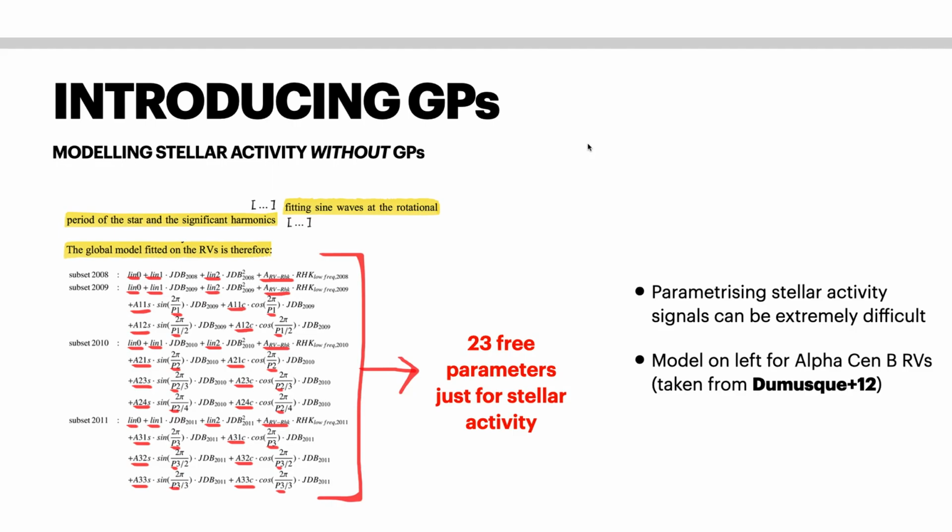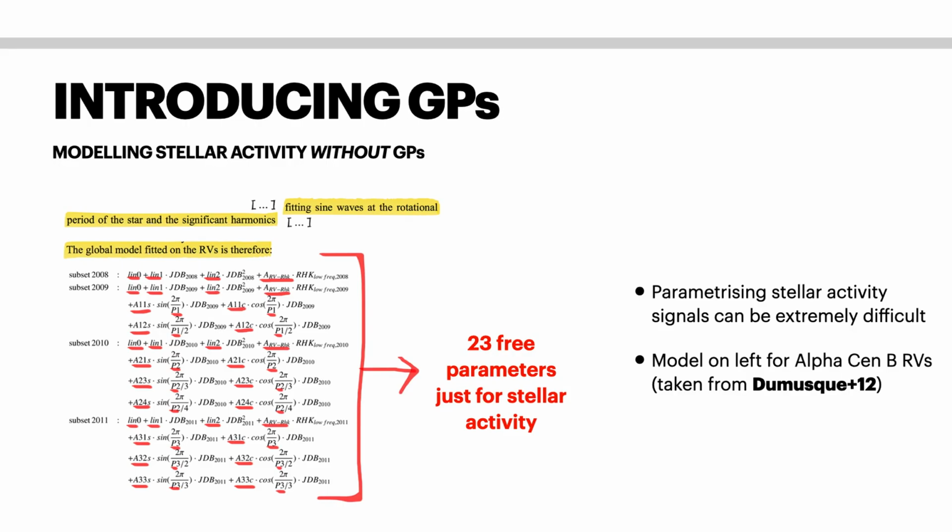So you can ask several questions. Okay, maybe this model does a decent job of fitting the data, but why this model? What physics does it encode? How do you interpret and constrain all these 23 parameters? Why don't you use a model with 15 or 22 or 35 free parameters?